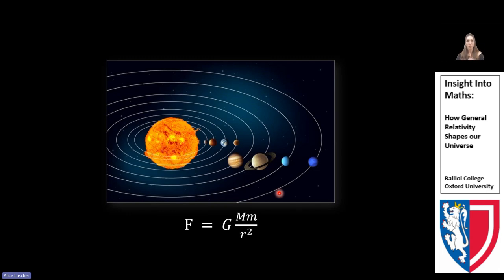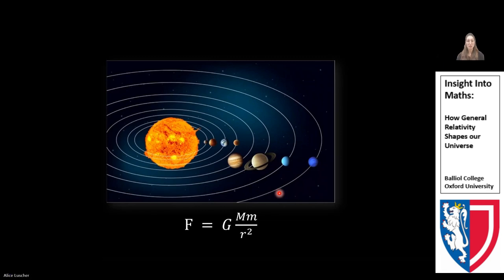And in particular, this predicts that the planets have this elliptic orbit around the sun, which was something that had been observed for some decades already at Newton's time, but no one was able to explain this phenomenon. And then Newton wrote that equation, and that described the movement of planets properly and everything else that people were observing, really. And so this law went on for centuries.